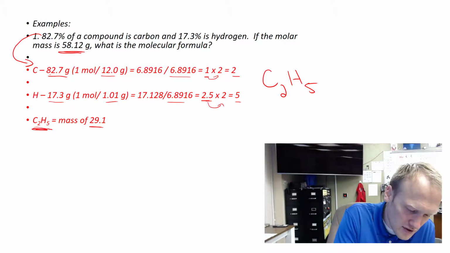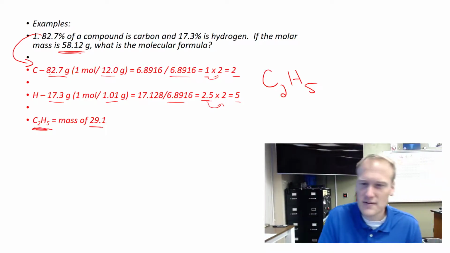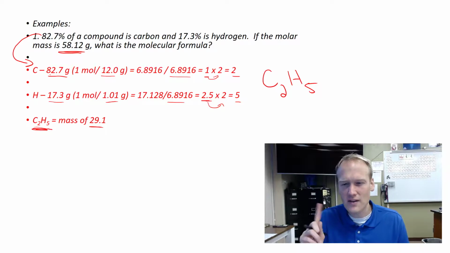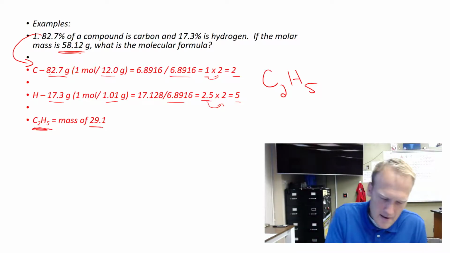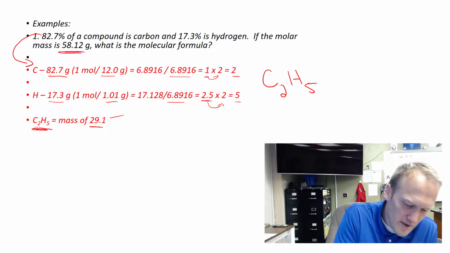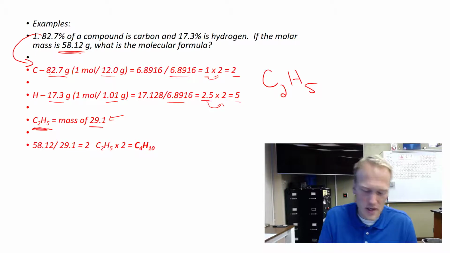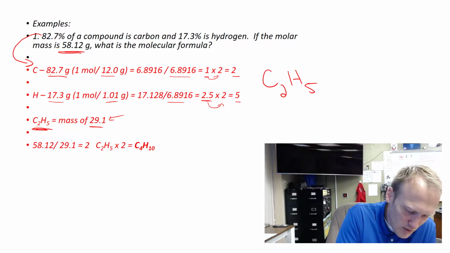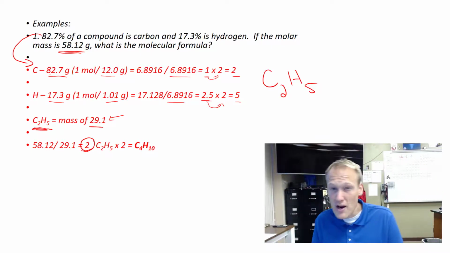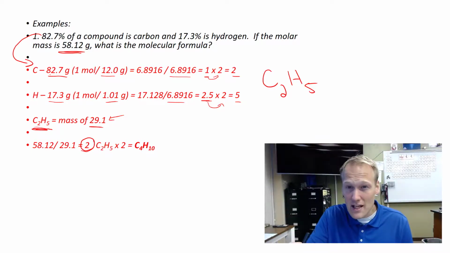So now if you look at the 29.1 and you see the 58.12, you might be able to figure out what's going on here. The empirical formula mass is 29.1, but the actual mass is 58.12. So if we take the 58.12 divided by 29, we see that that empirical formula will go into the molecular formula 2 times.